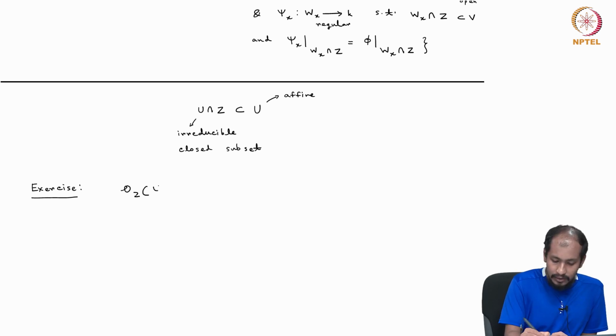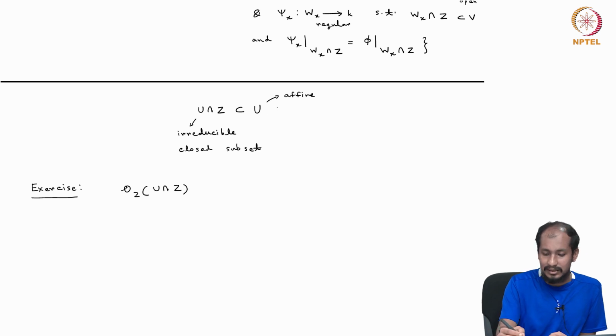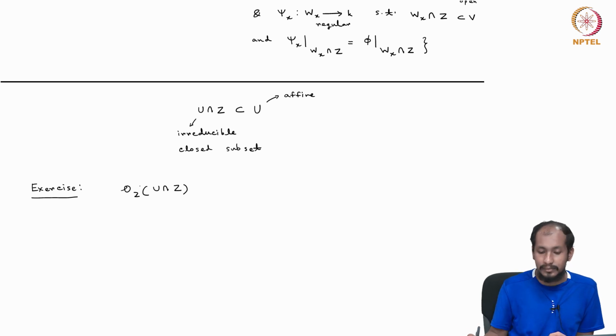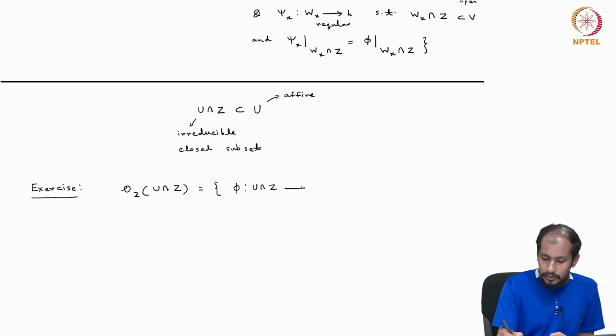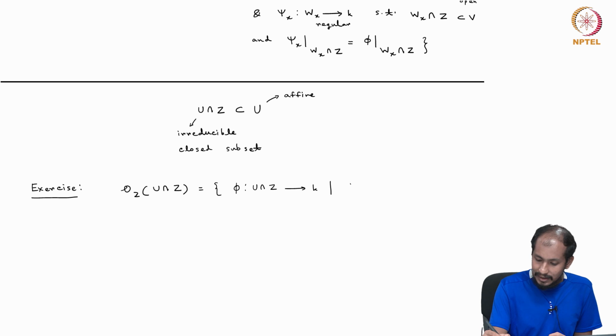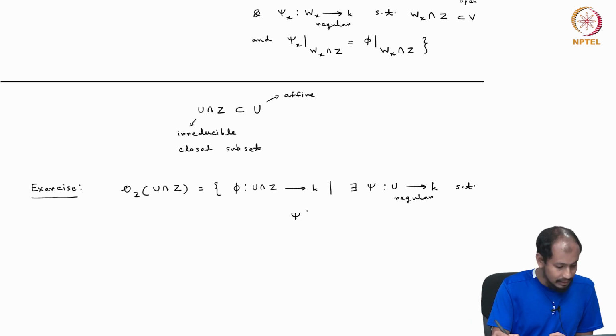This O_Z(U intersection Z), where U is an affine open subset of Y and Z is the sub-pre-variety of Y, is actually equal to all those functions from U intersection Z to K, such that there exists a psi from U to K which is regular, such that psi restricted to U intersection Z is equal to phi.